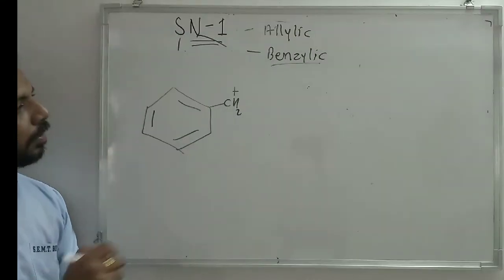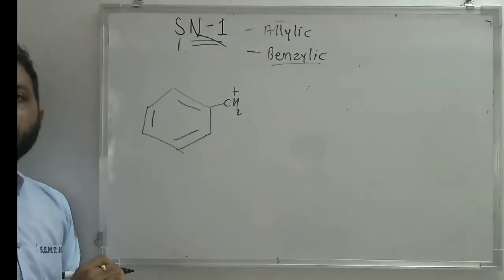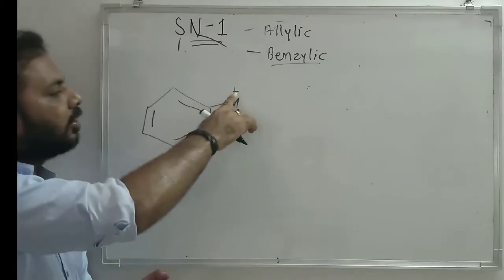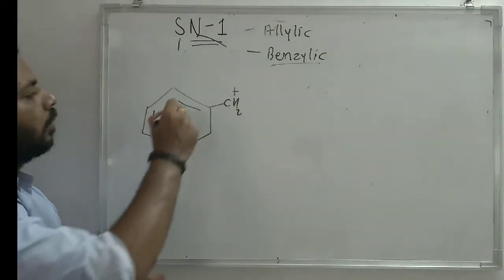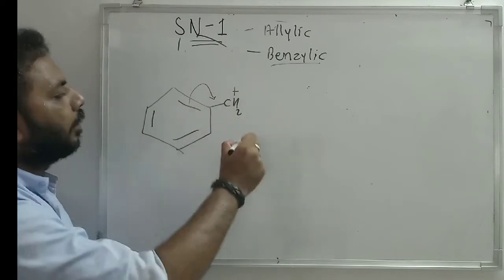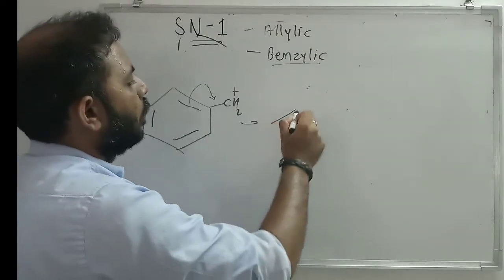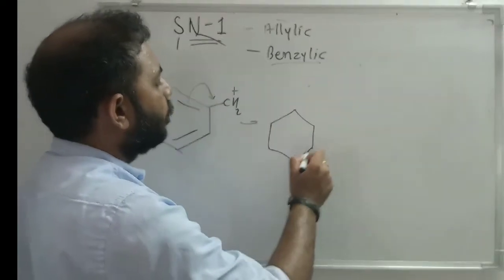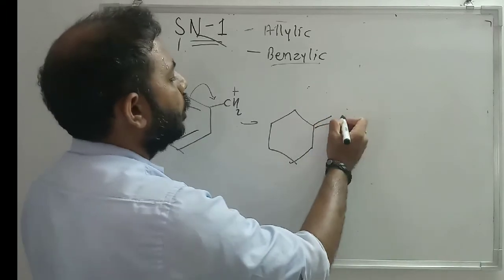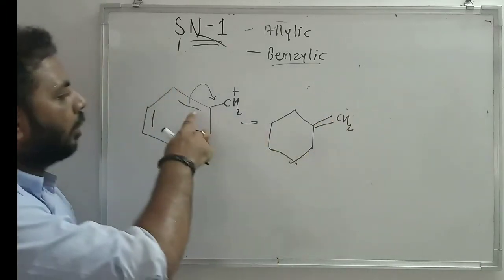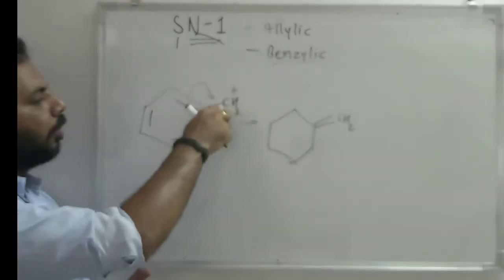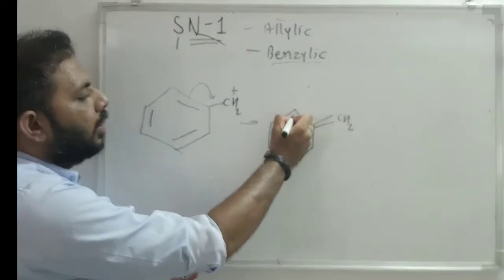Now, this positive charge will attract pi bond electrons. So we will get a compound like this, CH2, and because pi bond electrons have shifted over here, there will be positive charge here.